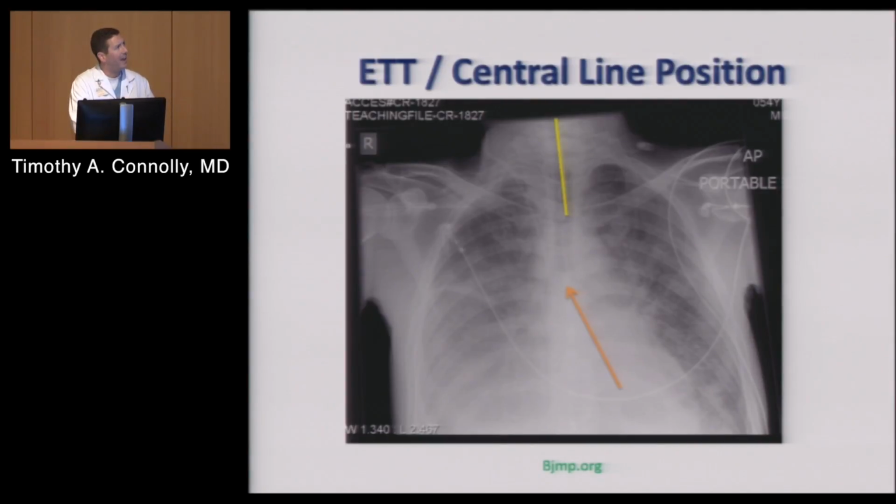What I usually say, and on this one it's not as easy to see, but generally the aortic arch is the best landmark, which is pretty consistent regardless of position, assuming they don't have a huge aneurysm. That's the best level to keep it at, the level of the aortic arch. And then that's the central line tip, which is right at the junction of the superior vena cava into the right atrium.